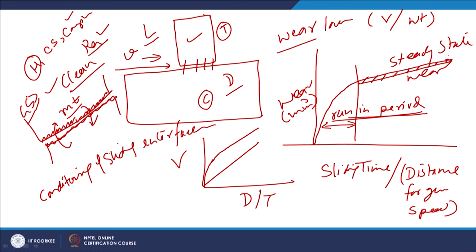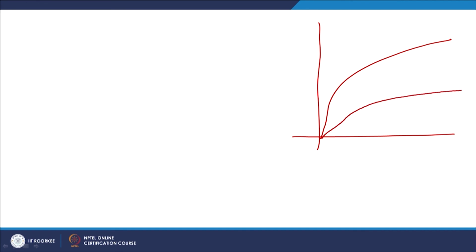This is to understand the kind of resistance a material offers to the loss of material, because during the run in period itself, one material may show this trend and another material may show a completely different trend, wherein for one material the slope is like this, for another material the slope is lower, and for a third material the slope may be further lower.